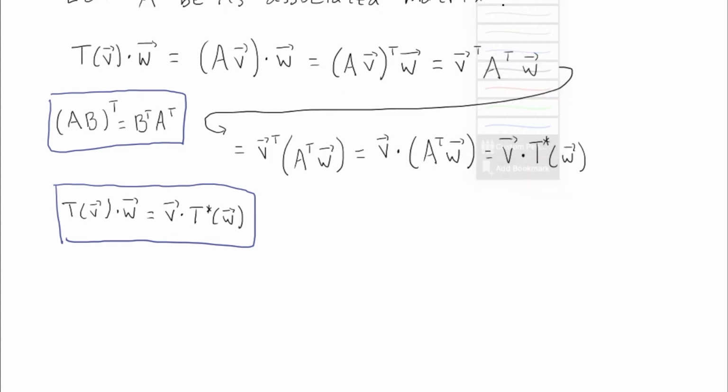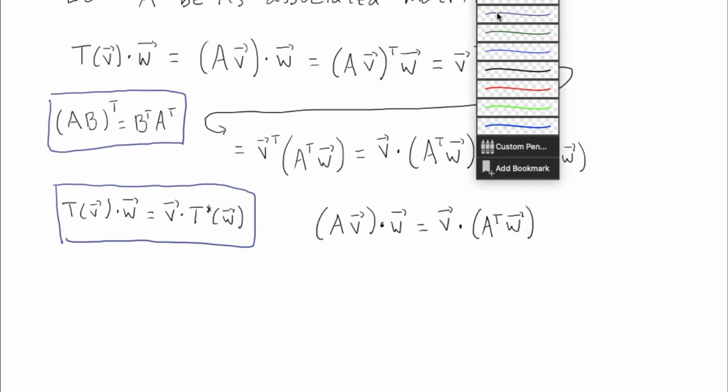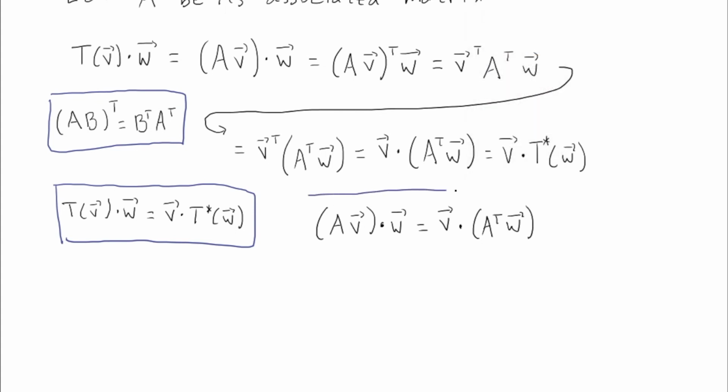Or if you want to write it just in terms of matrices, we find that for any square matrix, AV dot W, the dot product, is the same as V dot product A transpose W. Okay, so this is the identity that we just proved now, right? Here we write it in terms of the matrix A, there in terms of the linear map.